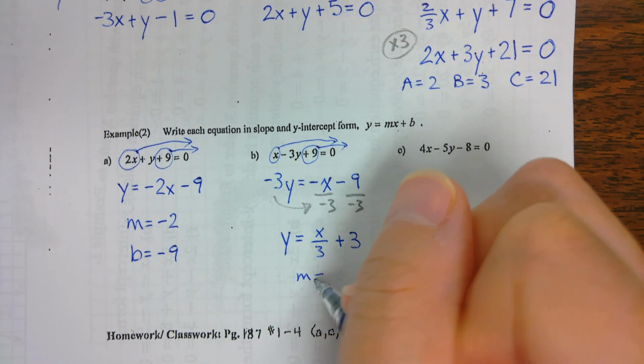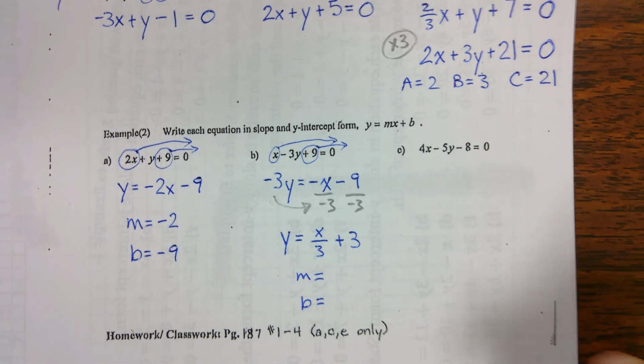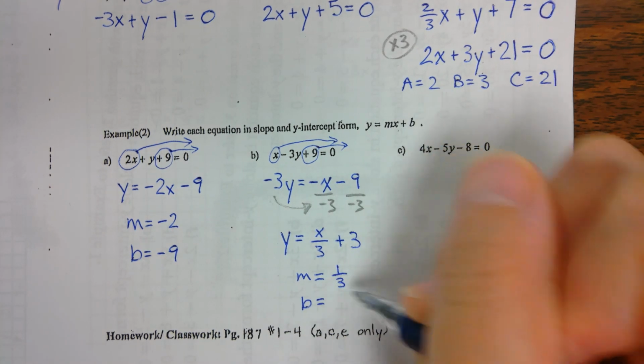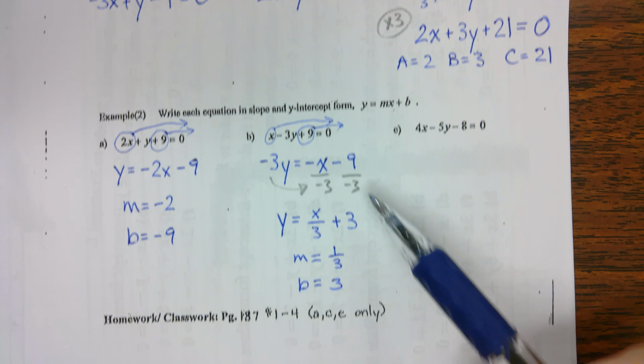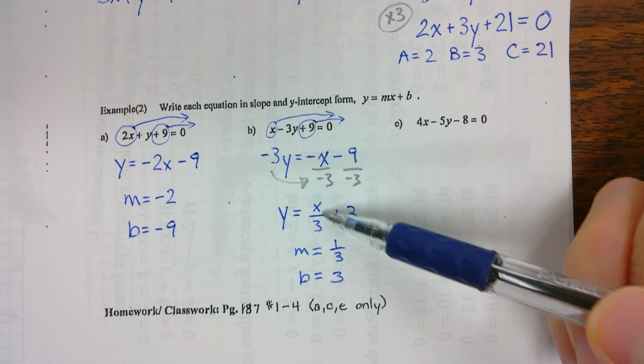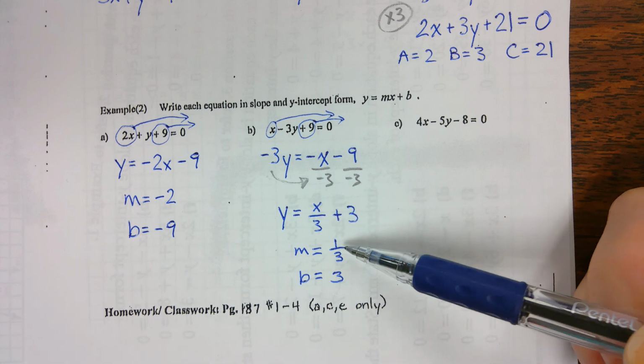What's my M and what's my B here? Perfect. So right here, x over 3, remember what's the number in front of the x? 1/3.